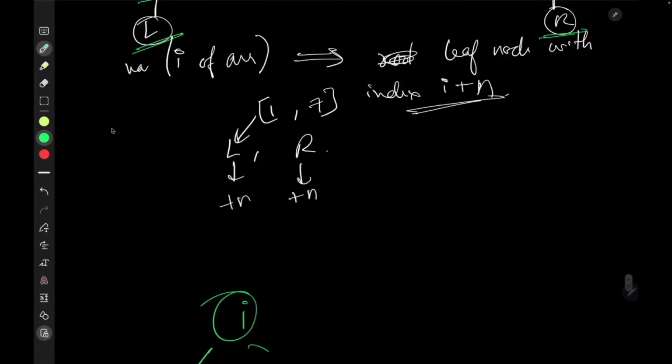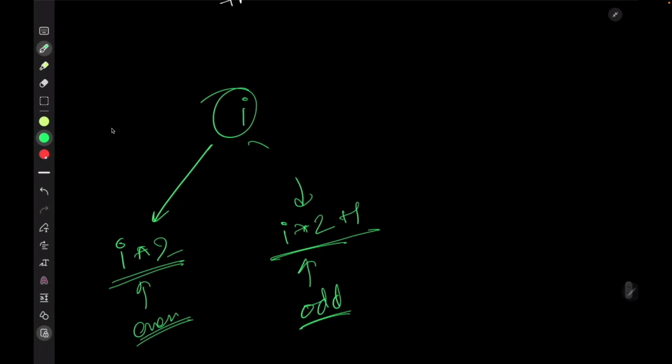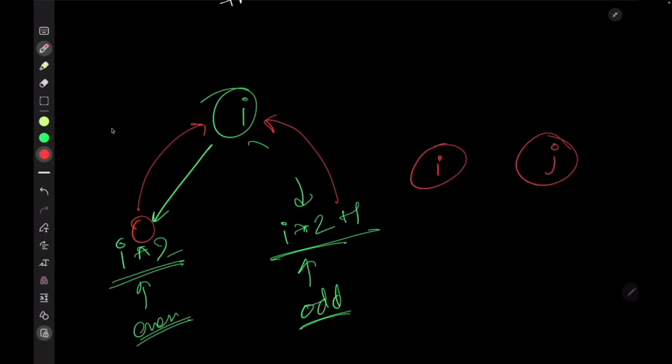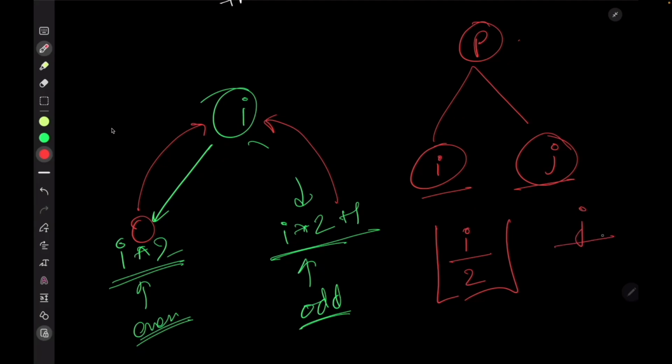From here you can see that if you want to go to the parent node, if you are at node I or j, such that I and j are both children of p, then irrespective of whether you are at I or j, you can go to p simply by dividing I by 2, the floor division.